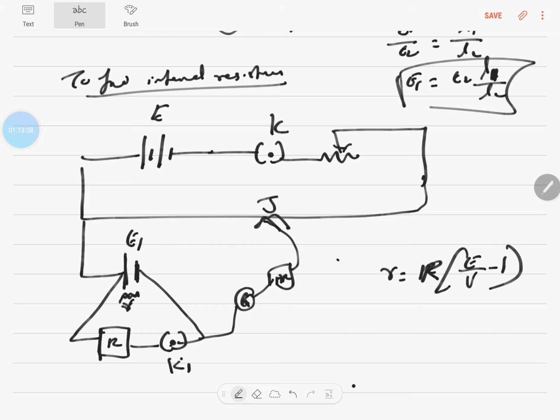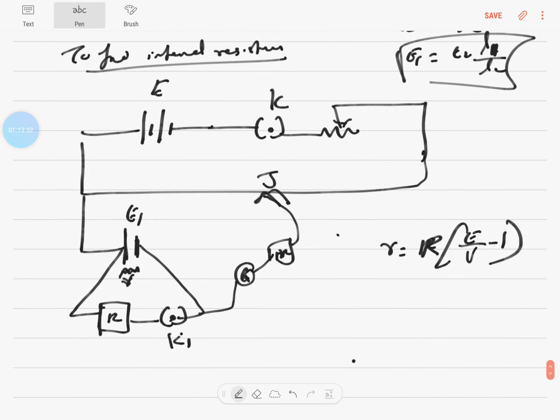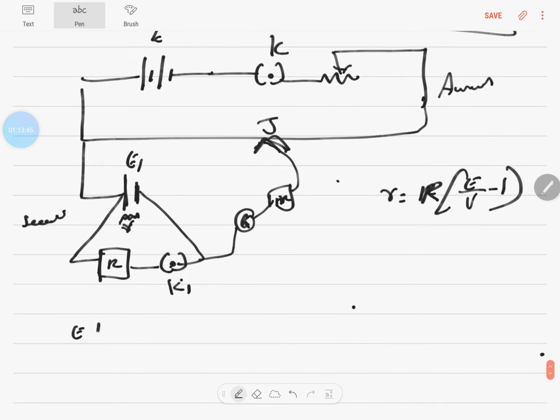Okay. Now let's take this as the driver circuit or auxiliary circuit, and this is the secondary circuit, as you can see. Initially, from a higher potential the current flows, and then at one particular length of the wire the current stops flowing, which shows that E would have dropped down to E1.